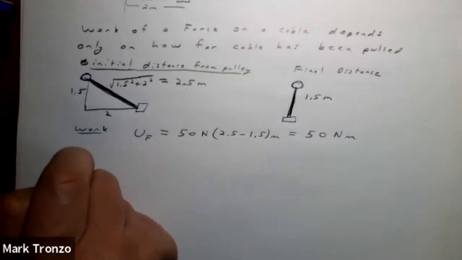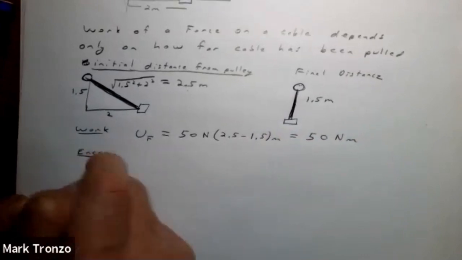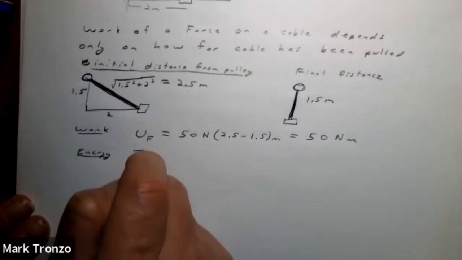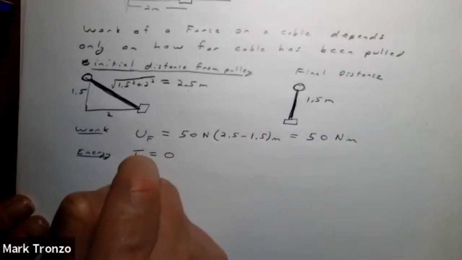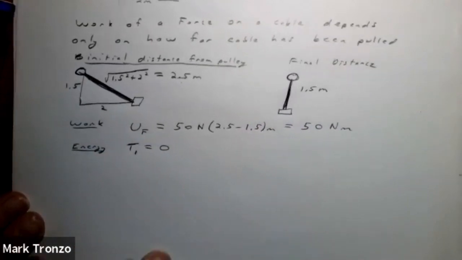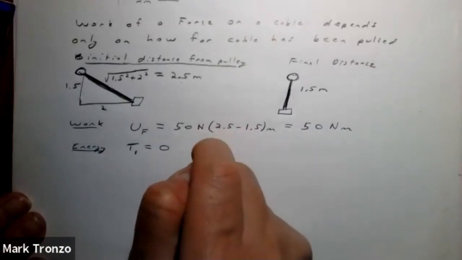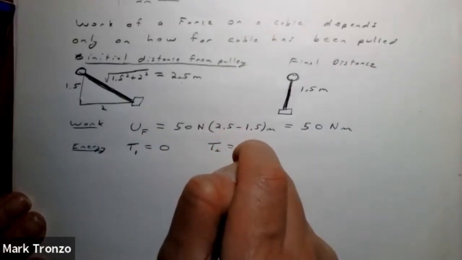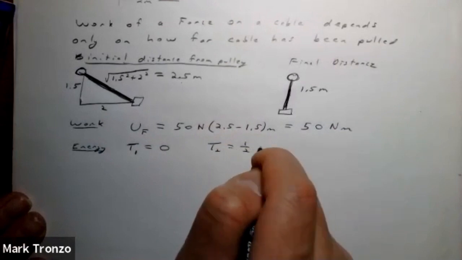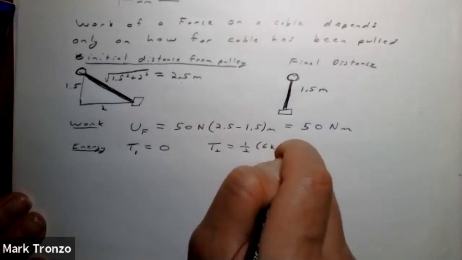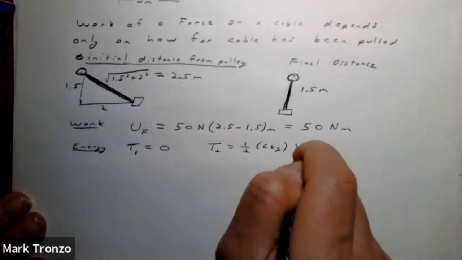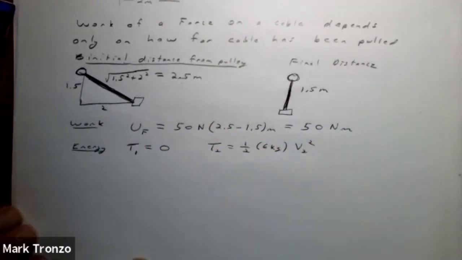And then our energy, T1: once again, we're starting at 0 velocity, so T1 is going to be 0. And T2 is going to be 1/2, the mass was 6 kilograms, and the velocity V2 squared, which we don't know.